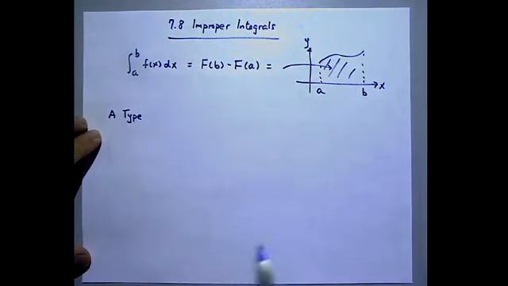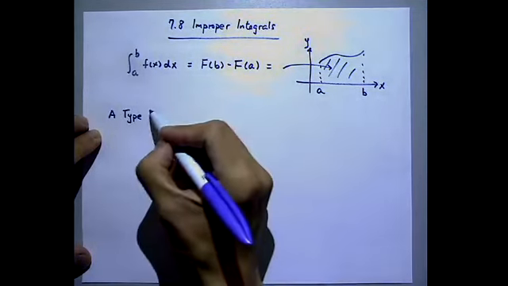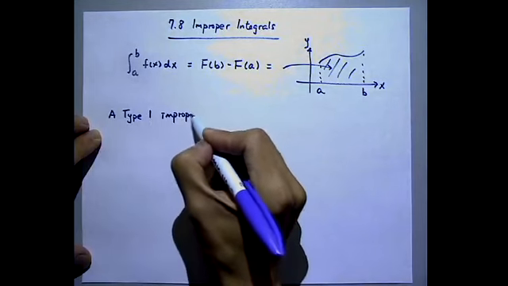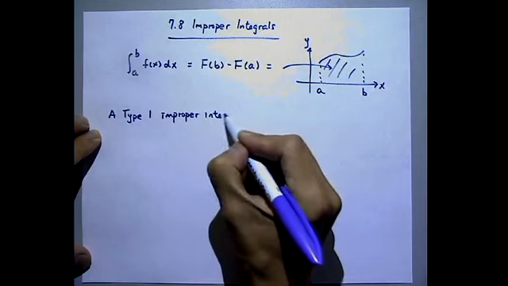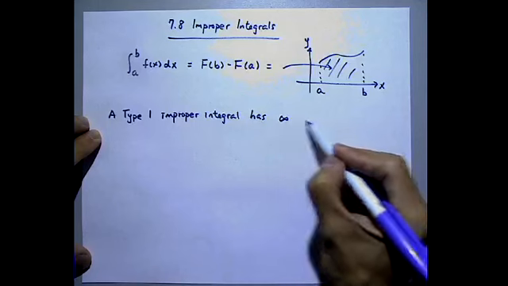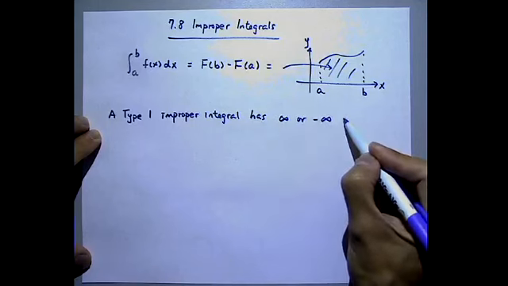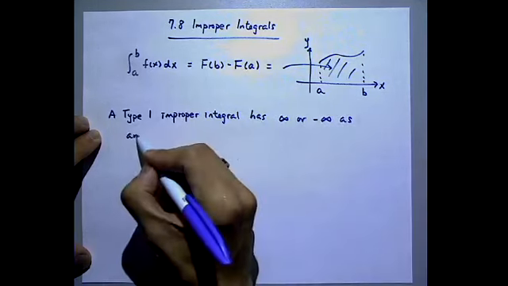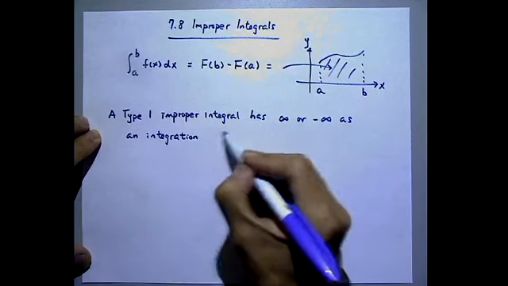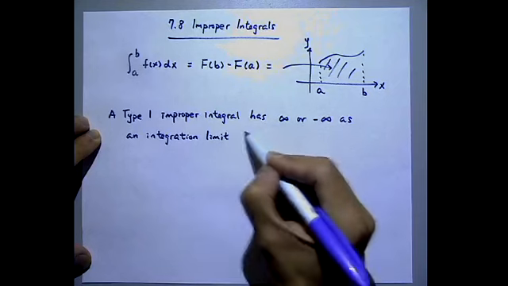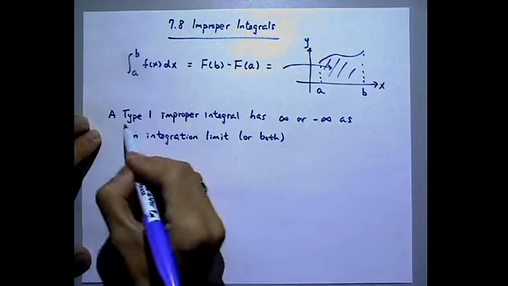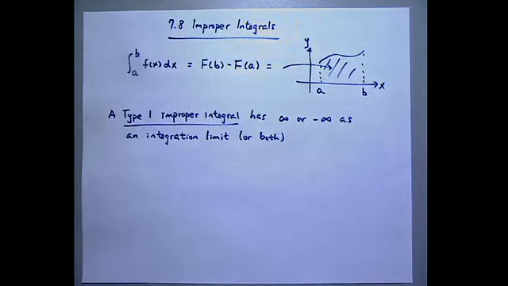We'll look at two types of improper integrals. The first one, we'll call it type 1. It's an integral that has infinity or minus infinity as an integration limit, or possibly both integration limits.